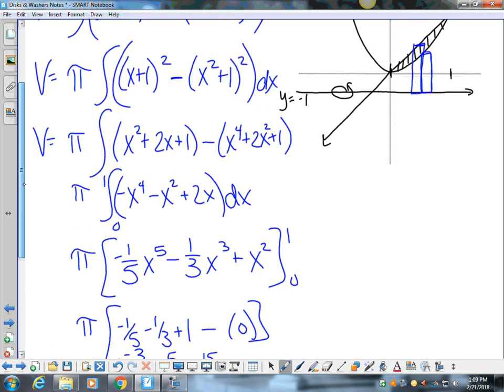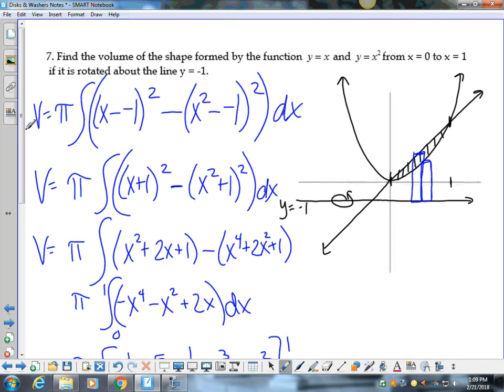Again, one more time. This is top function minus axis of rotation, minus bottom function minus axis of rotation. And each of those areas individually gets squared because it's pi r squared minus pi r squared.